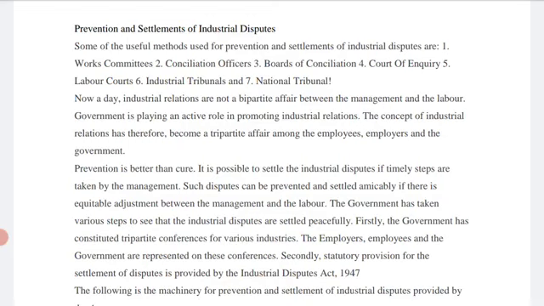Secondly, statutory provision for the settlement of disputes is provided by the Industrial Dispute Act 1947. As per the Industrial Dispute Act 1947, there are certain statutory means provided by law which will definitely control industrial disputes.